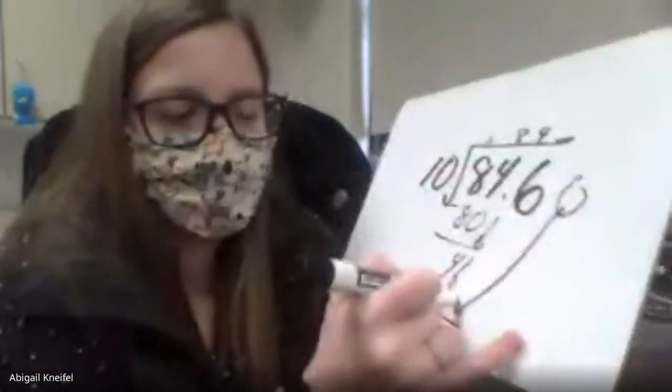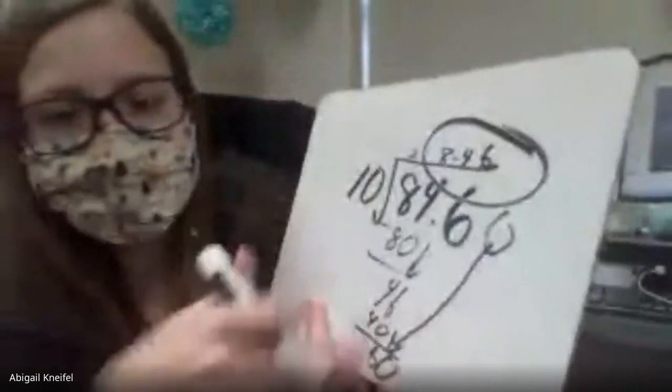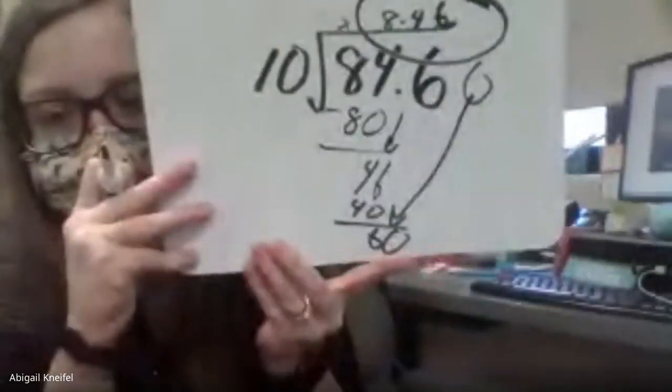Your volume up? All right, well, Mia said it. We need to just bring down a 0. Whoop. And then how many times can 10 go into 60? 6. So our answer is 8.46. So all you got to do is add a fun little 0 in there, which you're allowed to do. So there's your 0, brought it down, 10 goes into that.